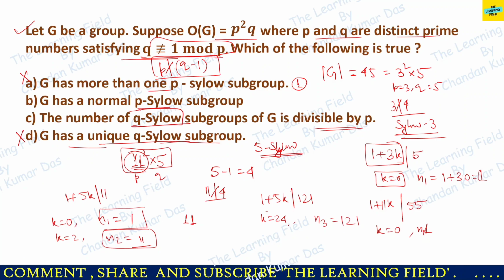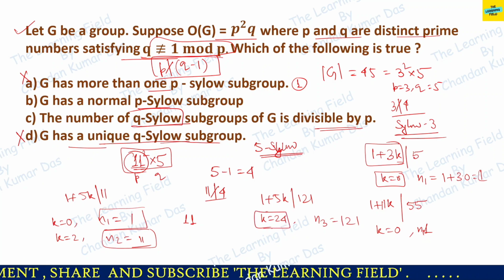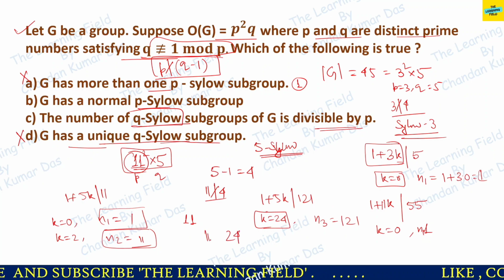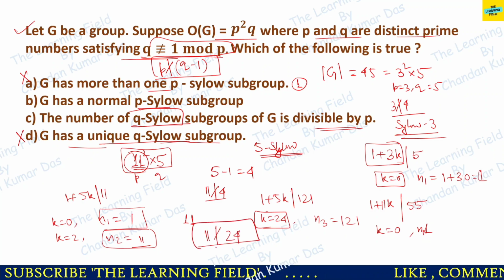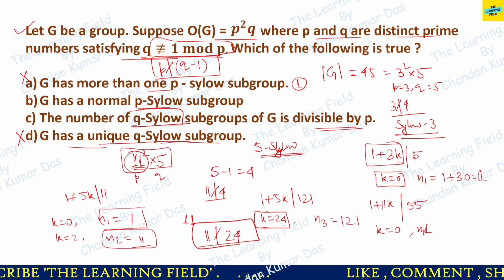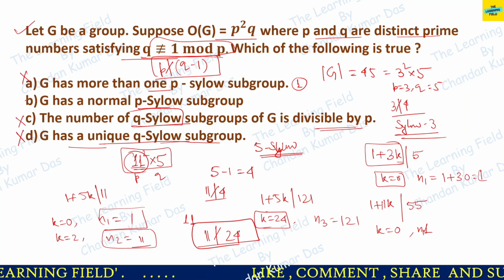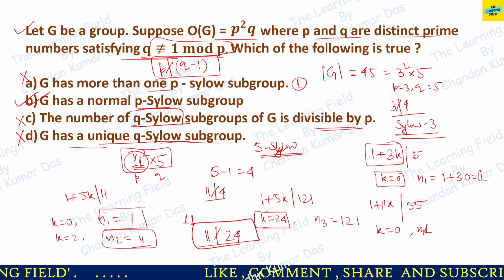Then the value of k will be 24, so n will be 121, but 11 does not divide 24. Sorry, this is a very silly mistake. So this is also not the correct one. So option B is the only correct one.